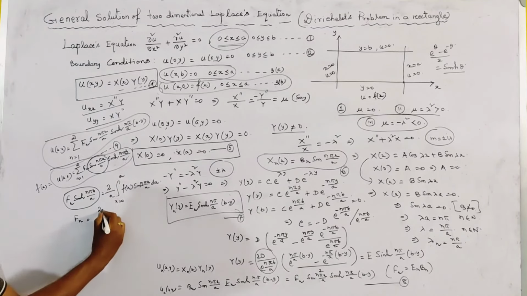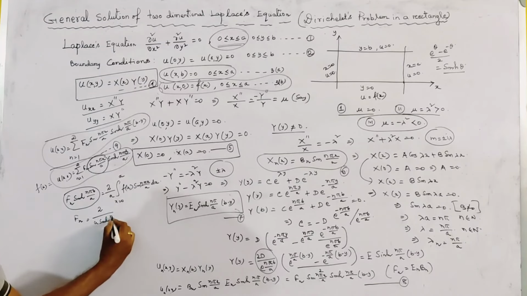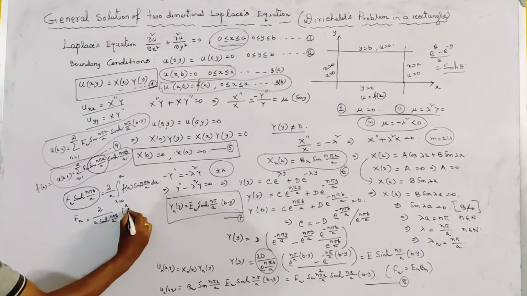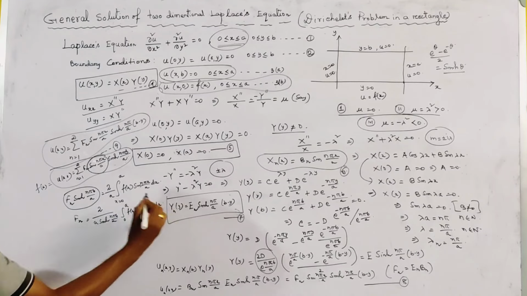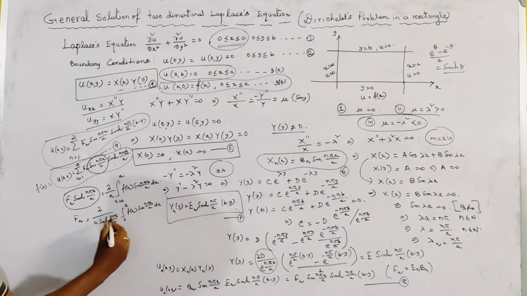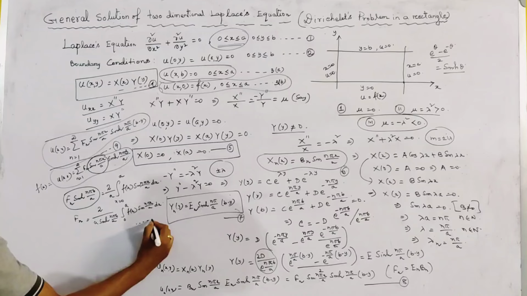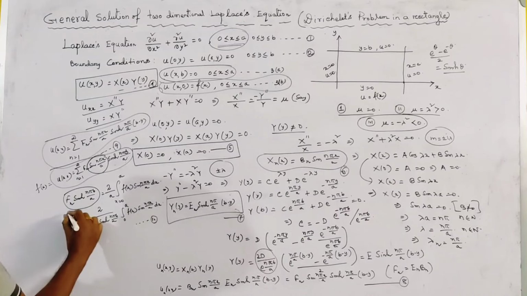This is equal to 2 by a into sine hyperbolic n pi b by a into integration 0 to a f of x into sine n pi x by a dx, right, and we name this relation as relation number 10.